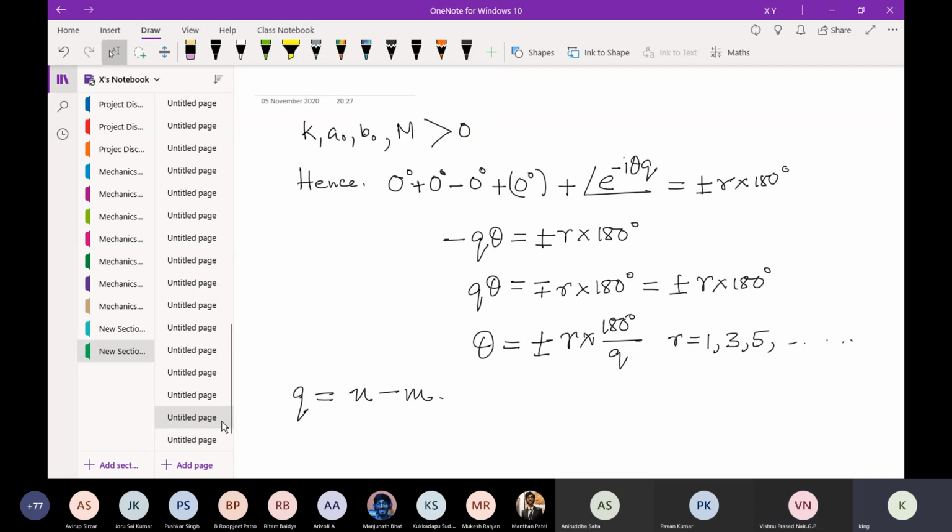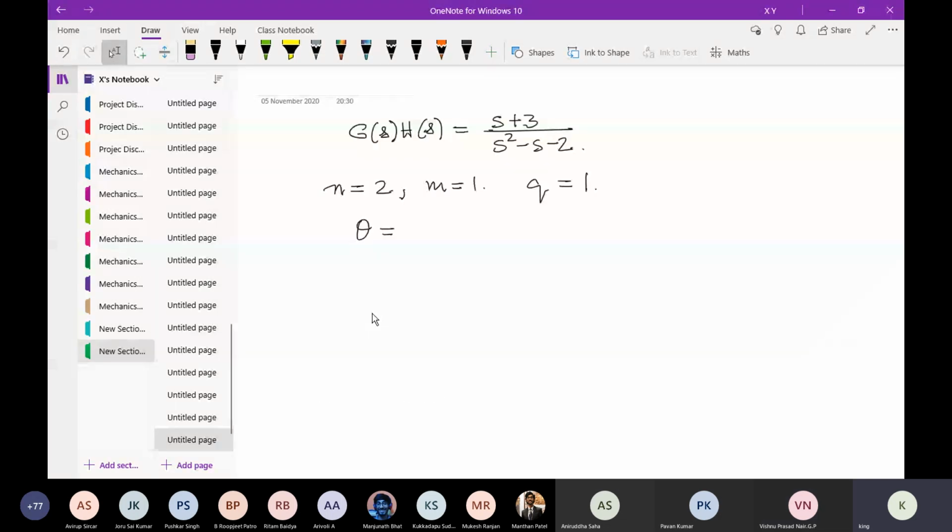So theta is equal to plus minus R into 180 degrees divided by Q, and you will find that a couple of R's will tell you the possibilities.